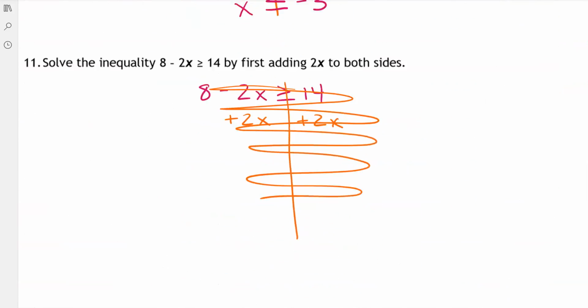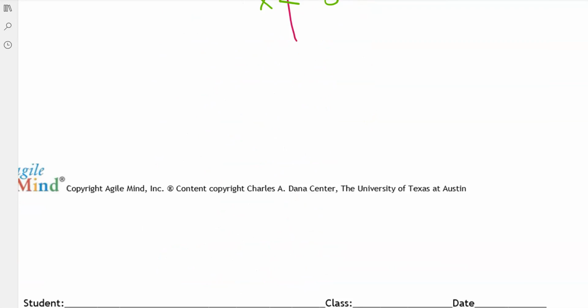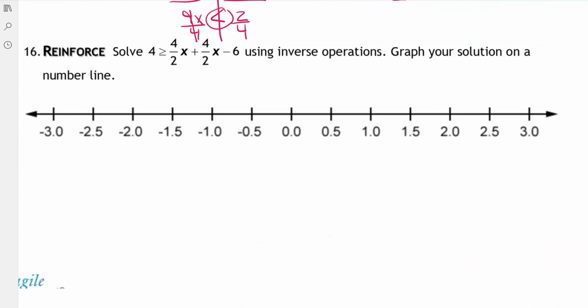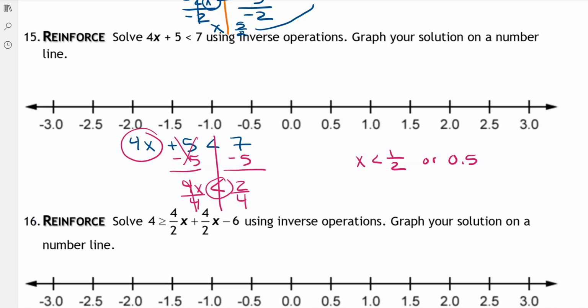I'm going to make an open dot on 0.5, and it's going to go to the left like this.